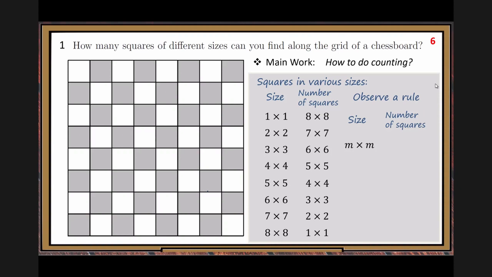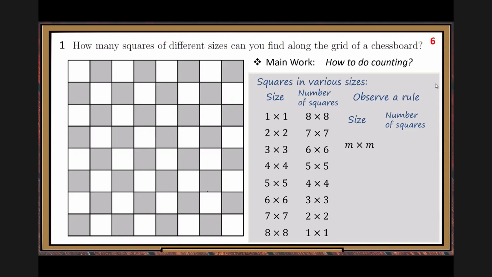Here we do abstraction. M by N represents sizes, all possible sizes. One expression represents all sizes. That's the efficiency of abstraction.